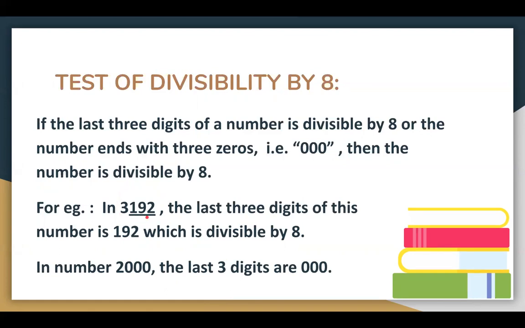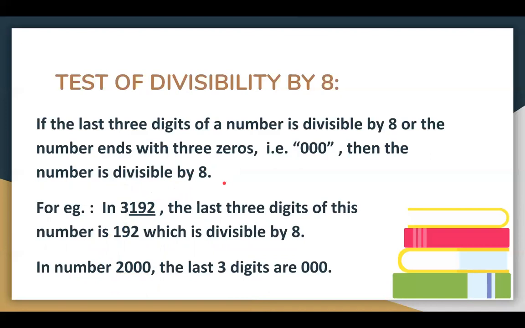Therefore, we can say 3192 is divisible by 8. See the next example. In the number 2000, the last 3 digits are 000. Therefore, 2000 is also divisible by 8.